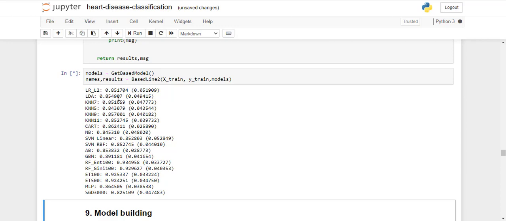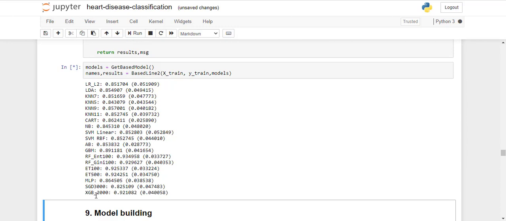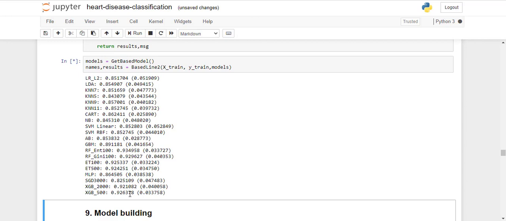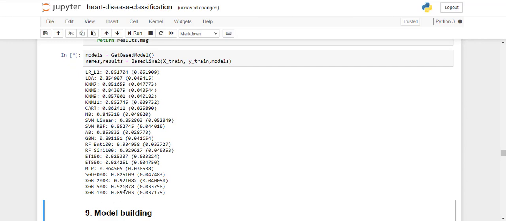And XGBoost, yes, this is my favorite algorithm. XGBoost with 2000 trees did a good job, 92%. 500 trees gave 92.6, and XGB 100 gave 89.9. One more is remaining, XGB 1000. Let's see how it will perform. Okay, 92.53.